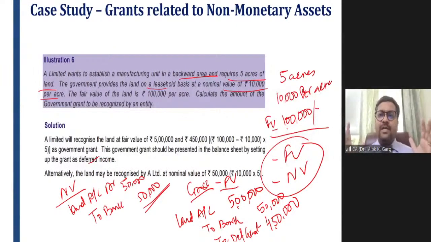From both approaches, the answer will be the same, like 3 lakh rupees in my example. In this example, the standard talks about the fair value approach. If the company is providing a non-monetary grant, either you can go by the nominal value approach, or you can go by the fair value approach.